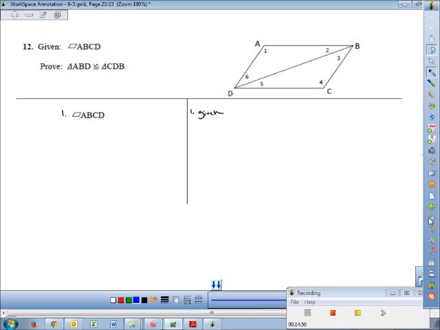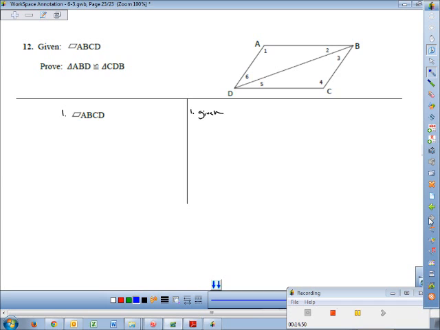Two triangles congruent. 5 ways to do that. What are those 5 ways again? Side, side, side; side, angle, side; angle, side, angle; angle, angle, side; and hypotenuse leg. Awesome. We have a ton, and I mean a ton, of ways to get this done.